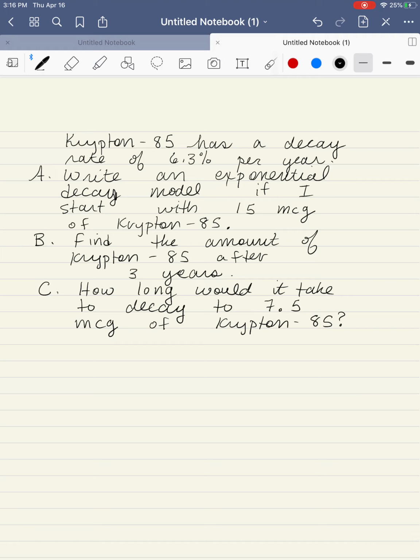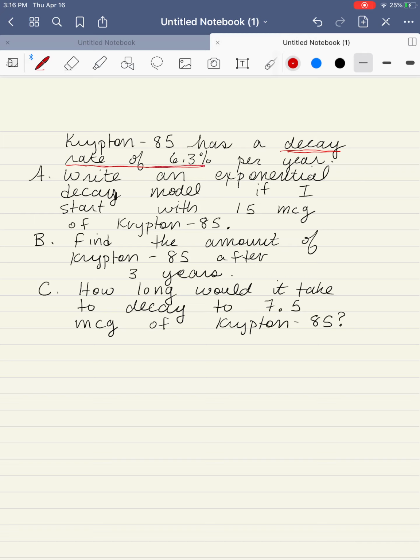So I want you to look back at the problem that we just did, write your model, use it to predict the amount of krypton 85 after 3 years, and then find how long would it take to decay to 7.5 micrograms. And I'm going to point something out here.